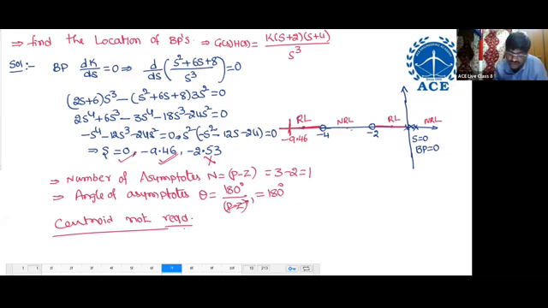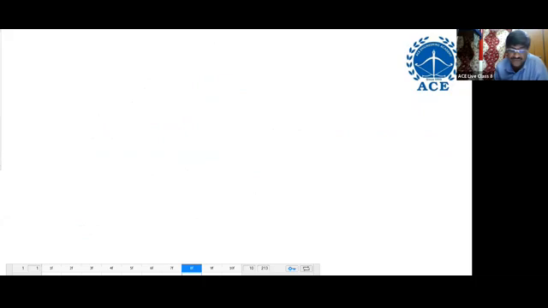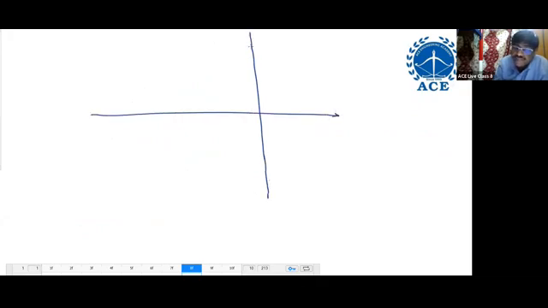So here 3 poles lie at origin, K also 0. One zero at where? Minus 2. One zero at where? Minus 4.